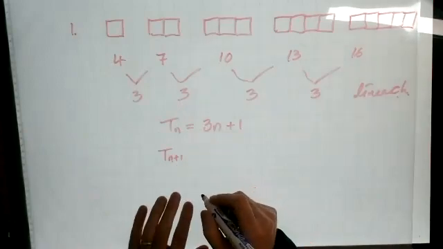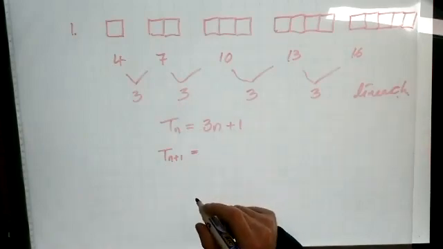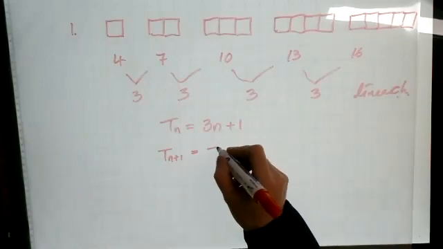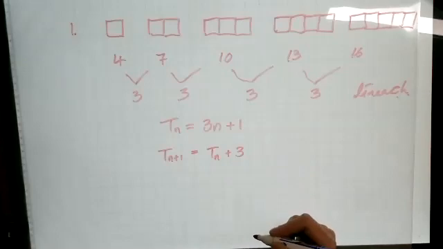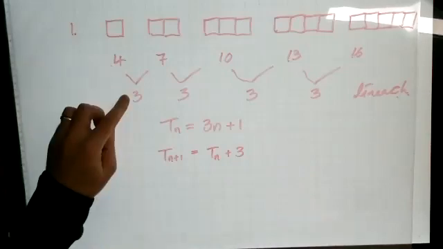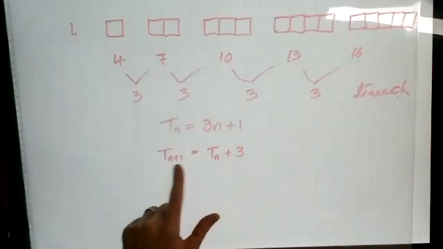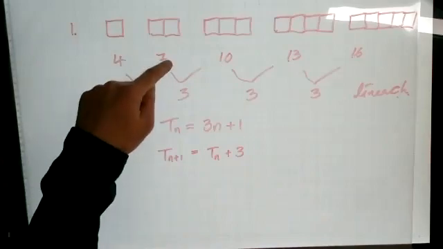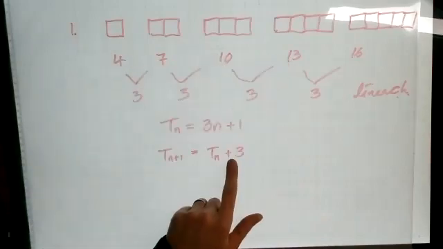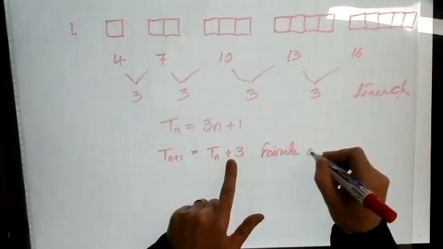Tn plus 1 equals Tn, the first term or any term, plus 3, because each term is 3 more than the previous. So Tn plus 1 equals Tn plus 3. That is the recursion formula.